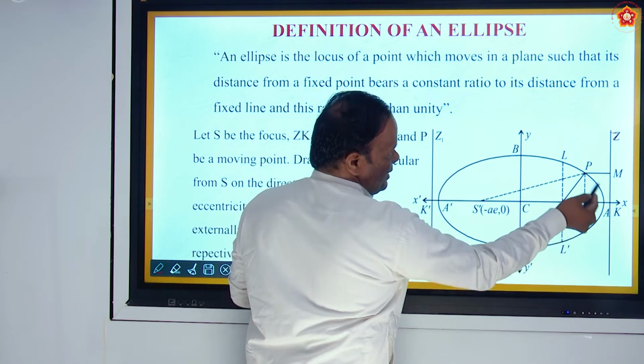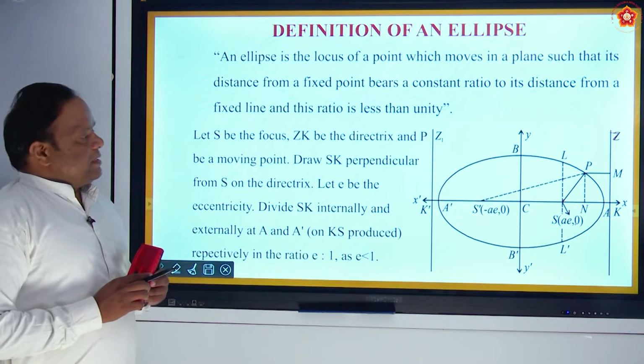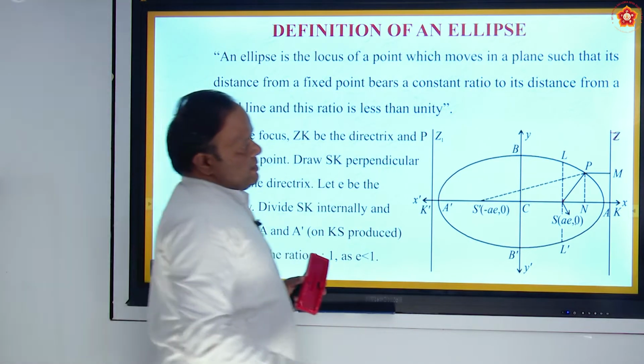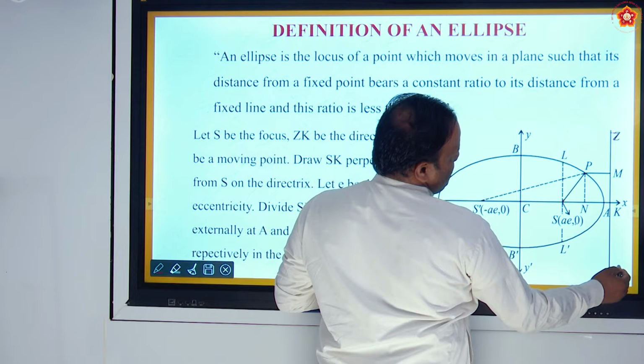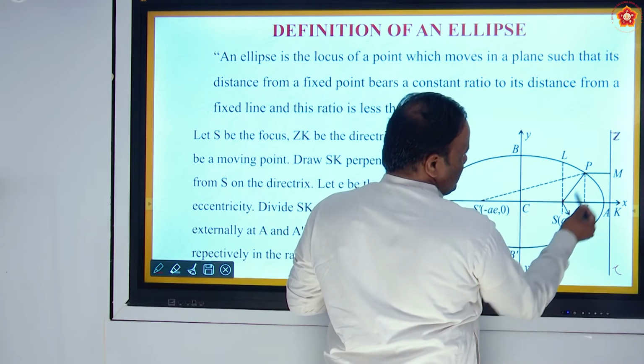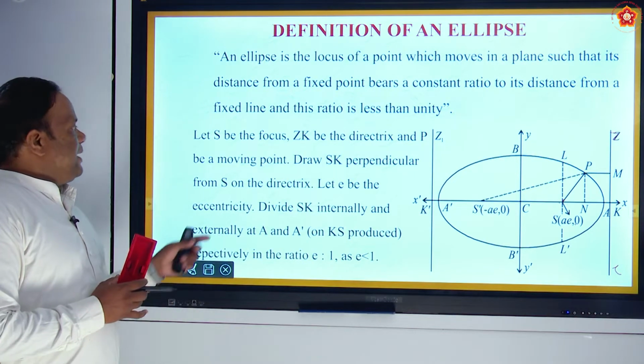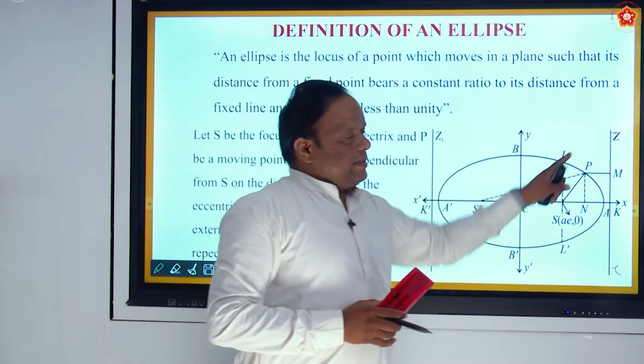I will explain that later when we start the derivation. Let S be the focus and ZK be the directrix, Z here and K. Sometimes we call this L. And P is any point on the ellipse.